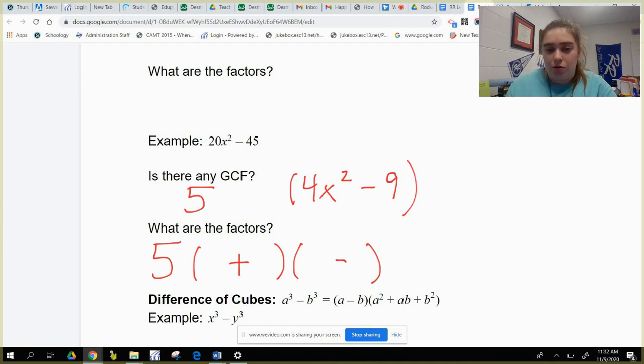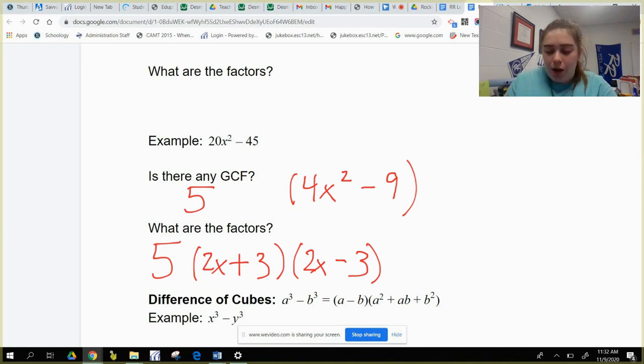So now we're going to take the square root of both of those terms. The square root of 4x squared is just going to give us 2x, and the square root of 9 is 3. The second factor is the same thing, 2x and 3. Those are our factors, and we have the greatest common factor listed in the front to show that we took that out before we factored it.